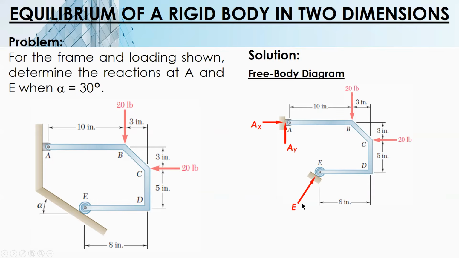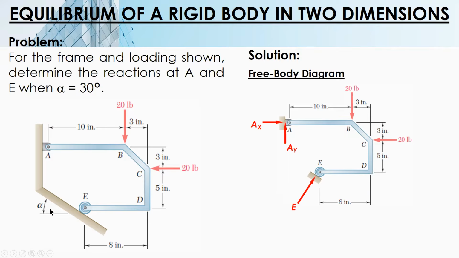Okay? Again, make sure that all inclined forces must be resolved into horizontal and vertical components, since the required is the summation of forces in X and Y. So we have to resolve E, the reaction at E, into horizontal and vertical components.